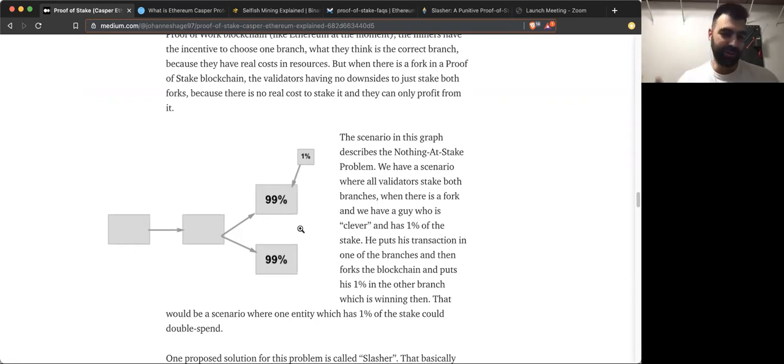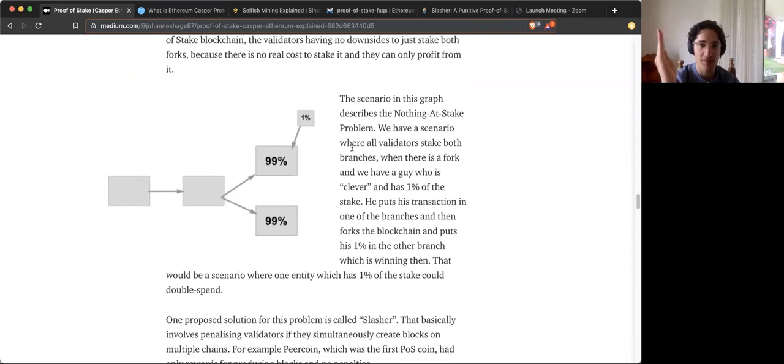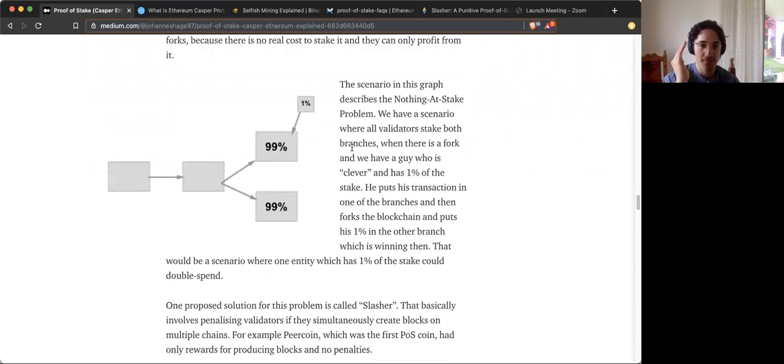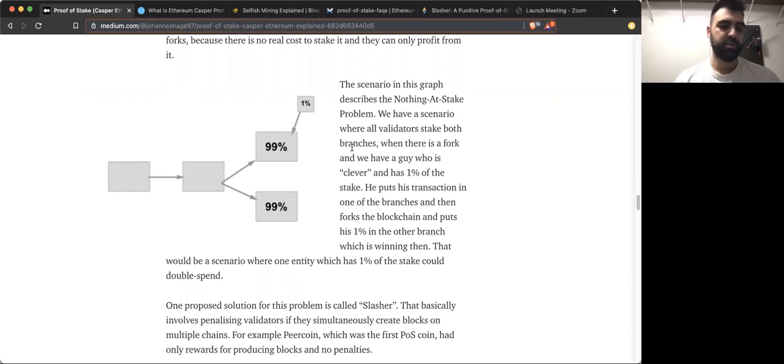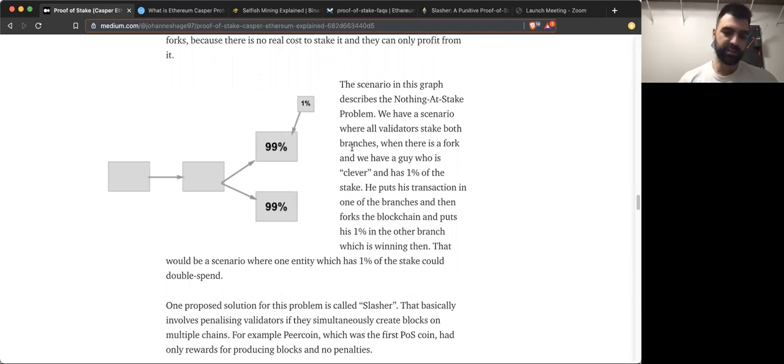And this is a problem, obviously. Sorry, this 99%, 1% thing, that represents the voting power of the network, if you want. So 99% of the network is on this split, which means that 99% of the vote mines on both chains.